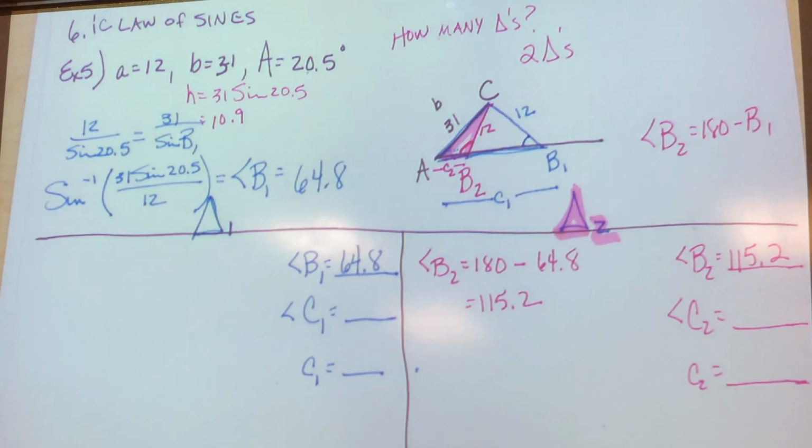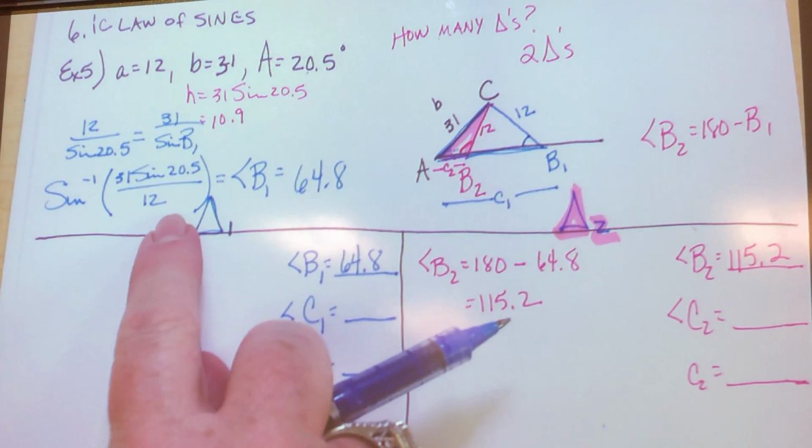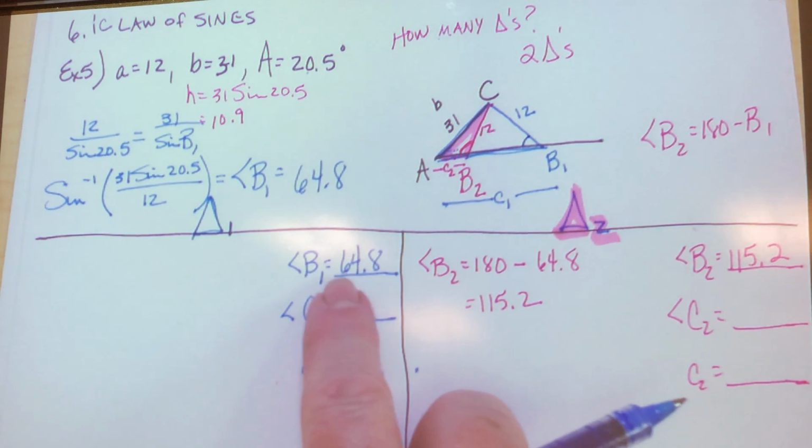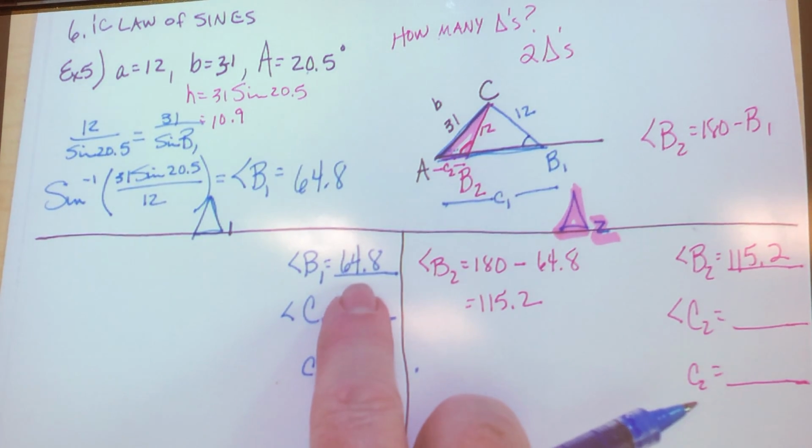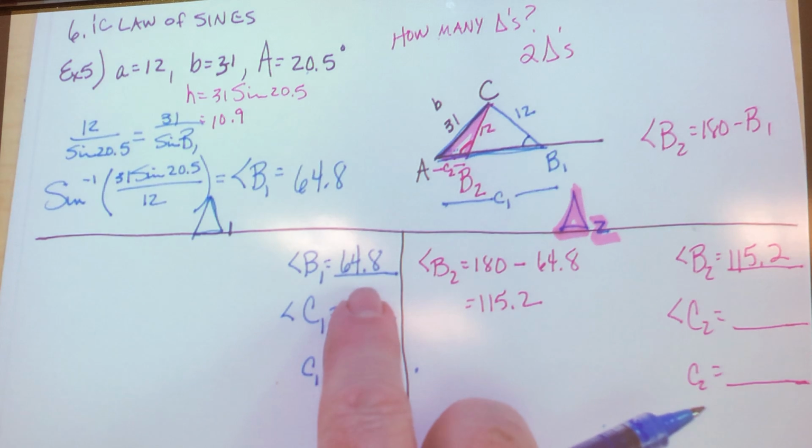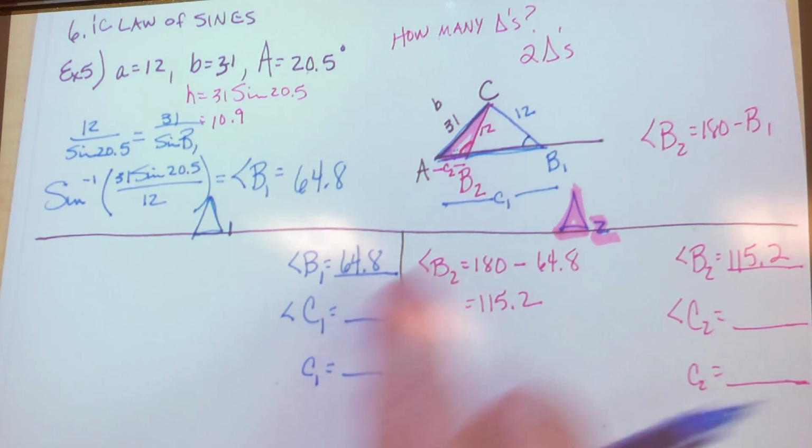Yeah, but we have the same sides, same angle. If you use this same formula right here, won't it give you this same answer on the pink one? This B sub 2? Yeah.